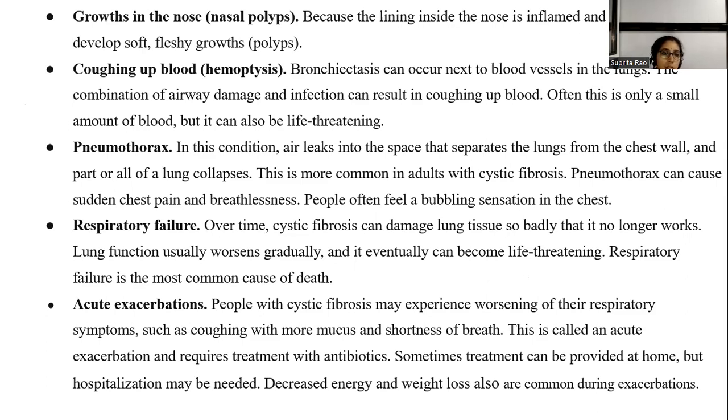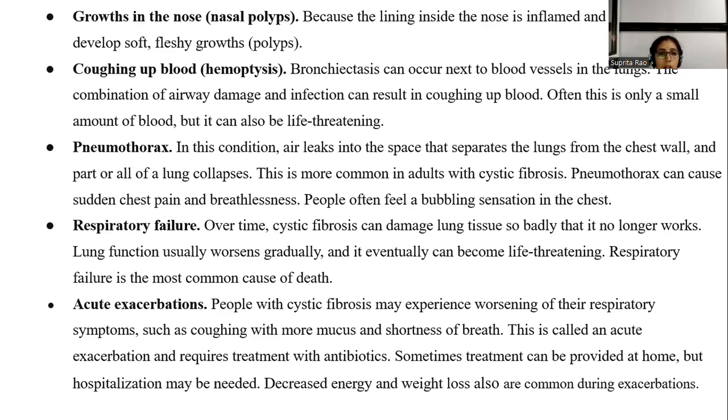Then there are times when a person has been coughing consistently for a long time, and blood comes up in the cough as well. That is called hemoptysis. So hemoptysis is a symptom.